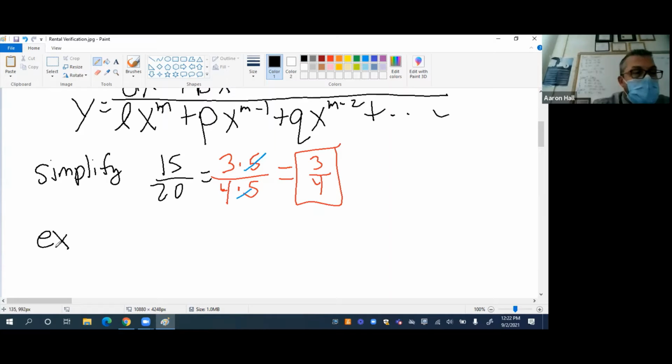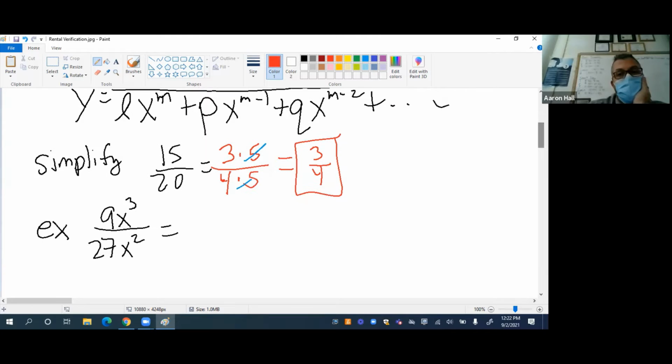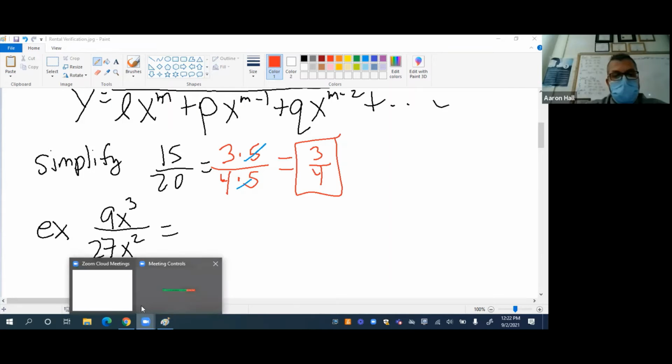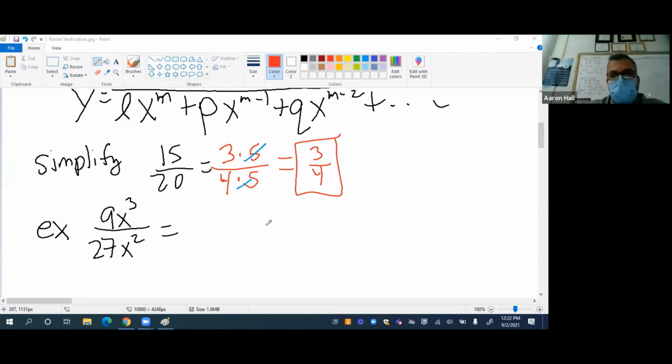Here's our example: 9x to the power of 3, or cubed, over 27x squared. How would we simplify this? Split it up like we did before.